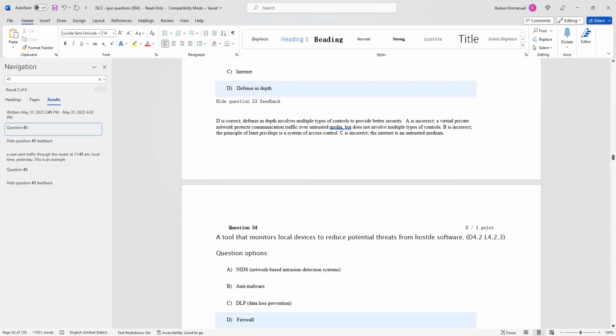Is that a network-based intrusion detection system, anti-malware, data loss prevention, or a firewall? Now, can we put our answers in the chat window, please? What is a tool that monitors local devices to reduce potential threats from hostile software?